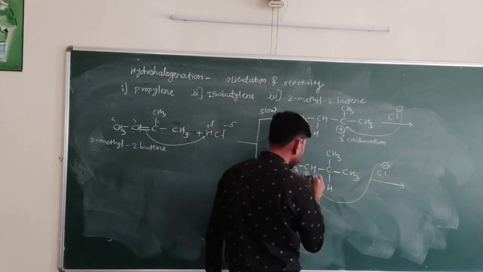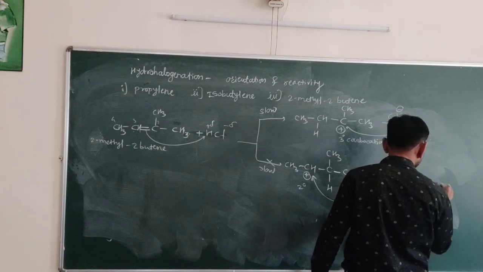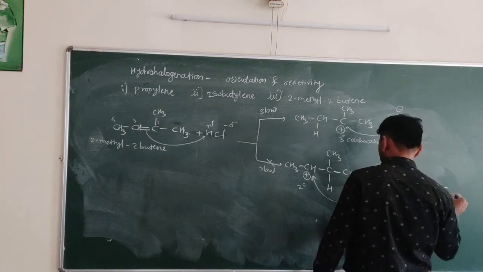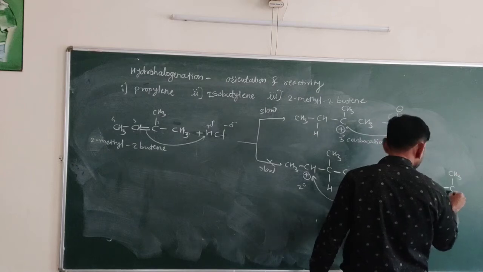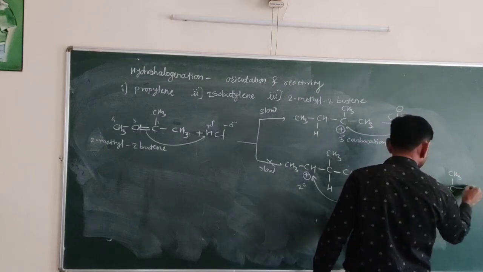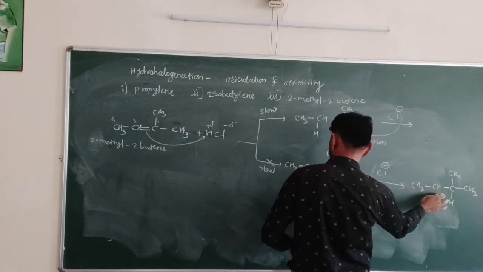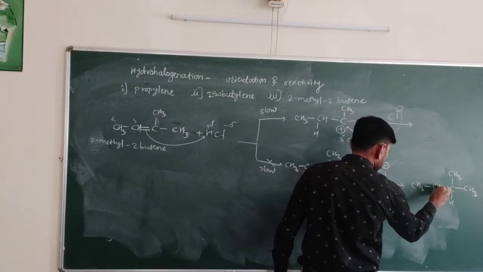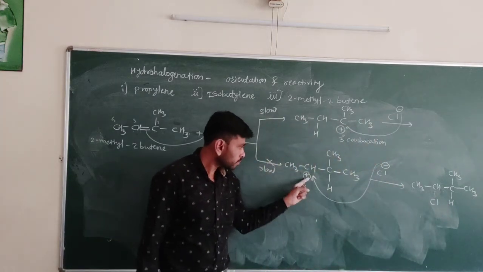We obtain the final product, but which one is major depends on the carbocation. CH3CH, attachment of base here, Cl.